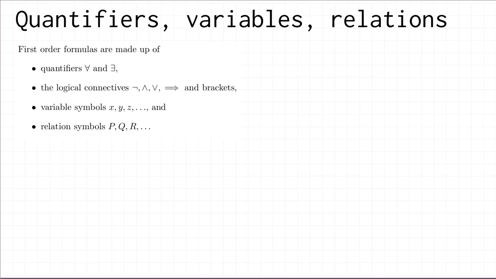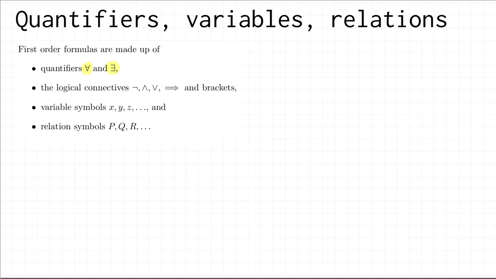What we're going to do instead is simply to list the ingredients that go to make up a first-order formula and to discuss the meaning of those ingredients. And then on the final slide in this video, we'll talk about some example first-order formulas corresponding to the statements that I showed you on the last slide. So the ingredients in a first-order formula are quantifiers.